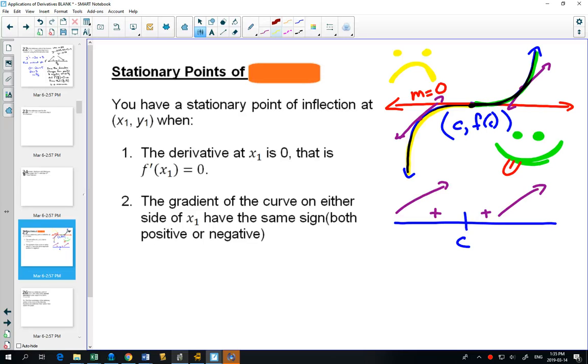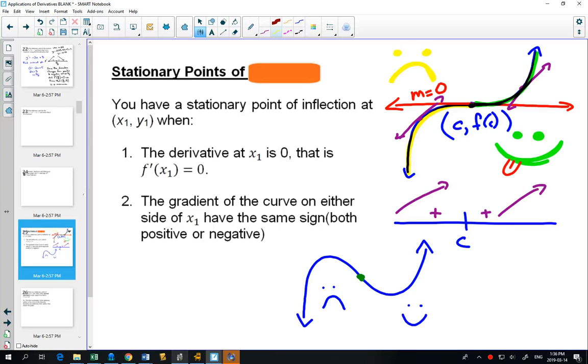This is a special kind of inflection point because it's an inflection point and it's also stationary. It also has the derivative equals 0. But we have some graphs, which we'll see later, where part of this is sad and part of this is happy. Where does it switch?